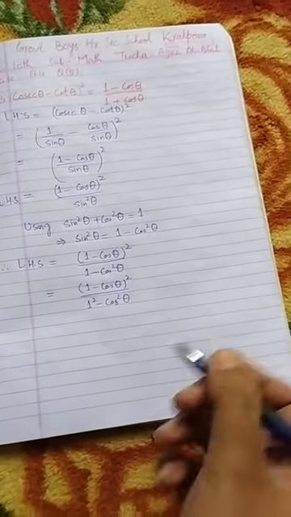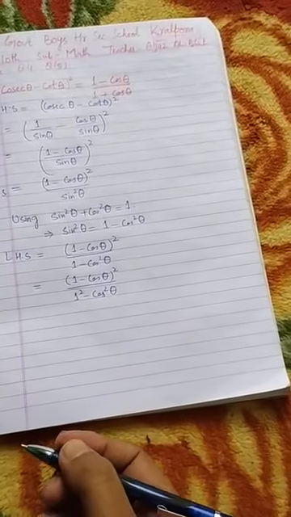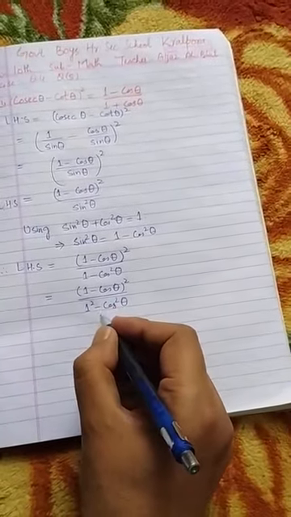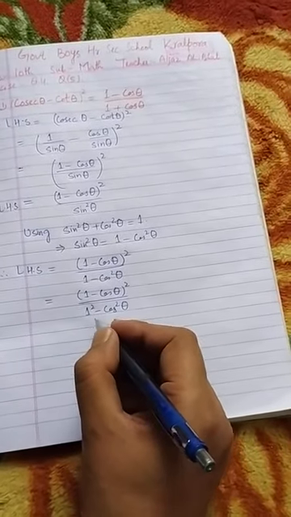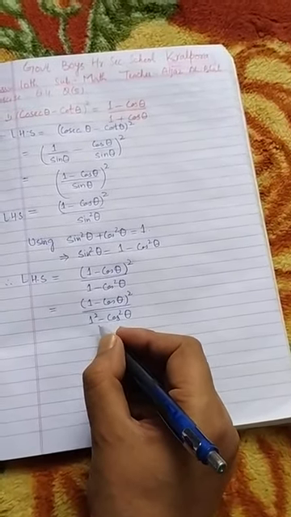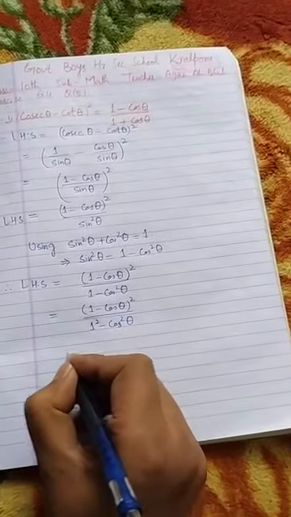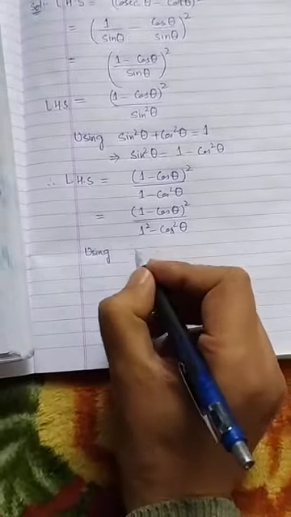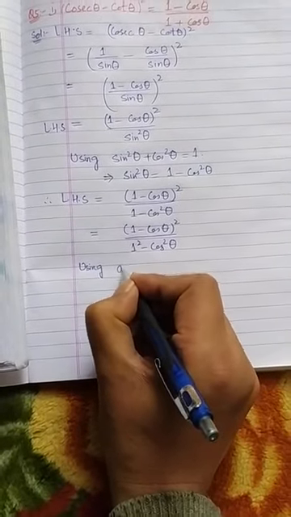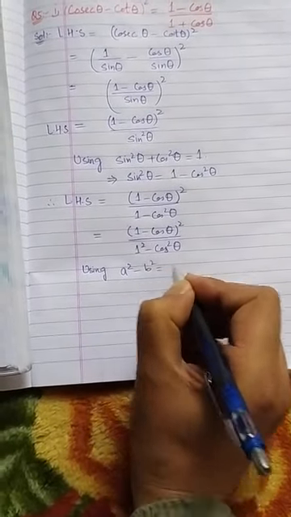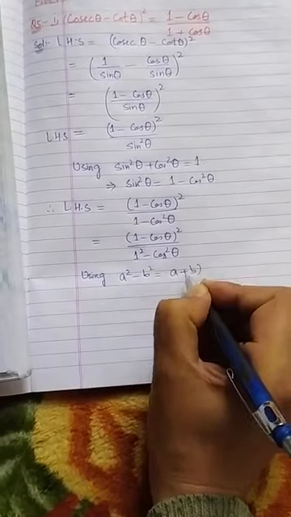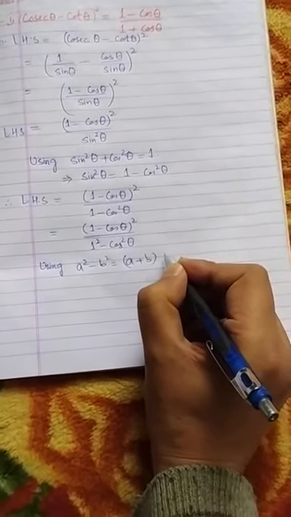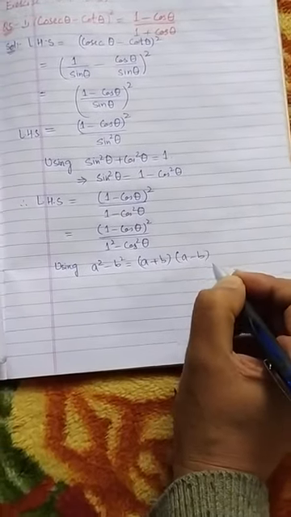I can write this because 1 square is equal to 1. I am writing this because I am using the algebraic identity a square minus b square is equal to a plus b into a minus b.